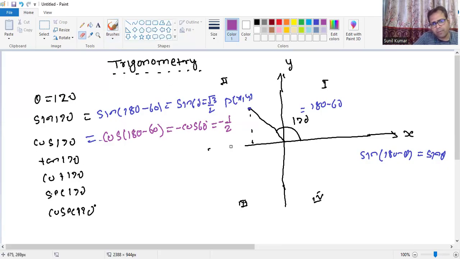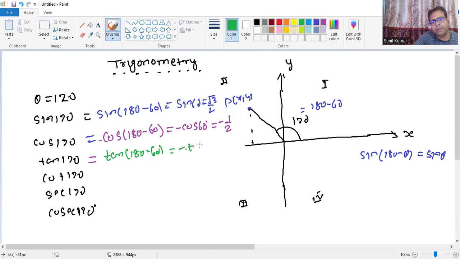Similarly, for tan 120, we can write tan of 180 minus 60. And again we can say tan of 180 minus theta is minus tan theta, because tan is also negative in the second quadrant.